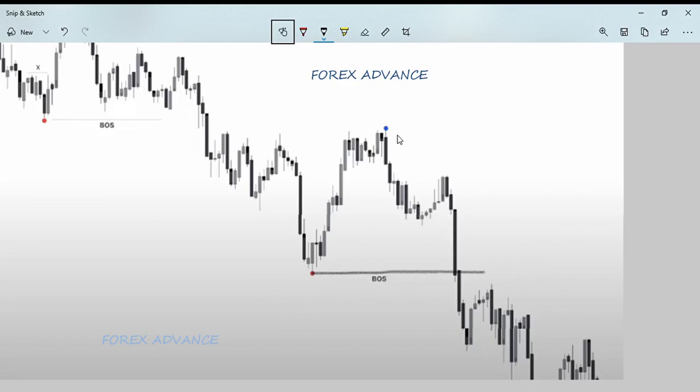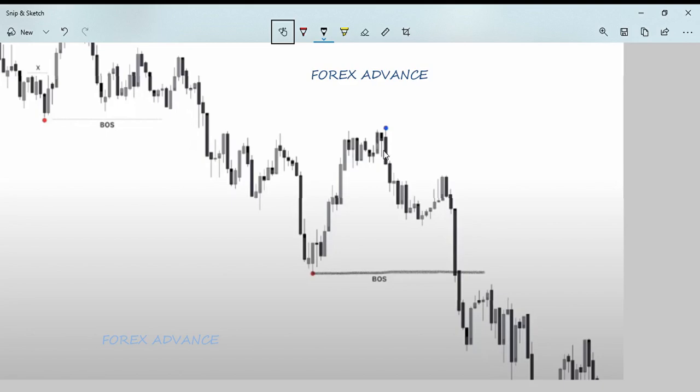Guys, this is a very important point. Our last buying candle is this one. This specific candle is our last buying candle. But as we can see, this specific candle has no imbalance. So we will not consider this candle.